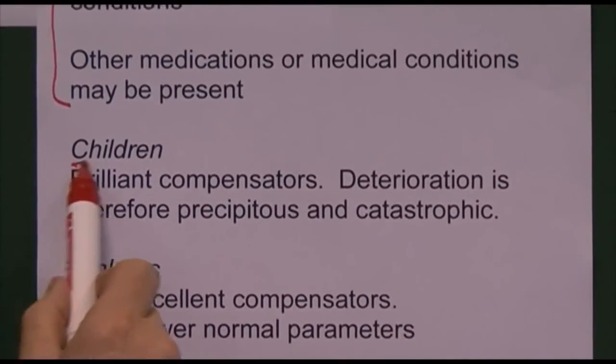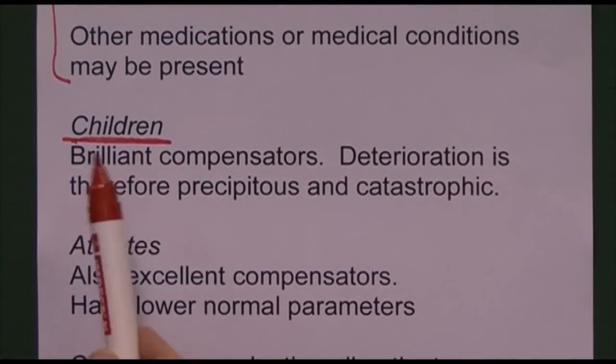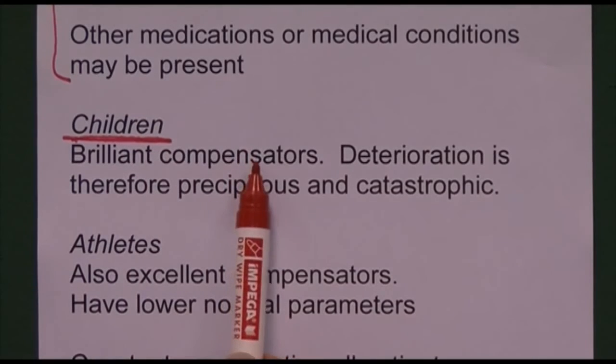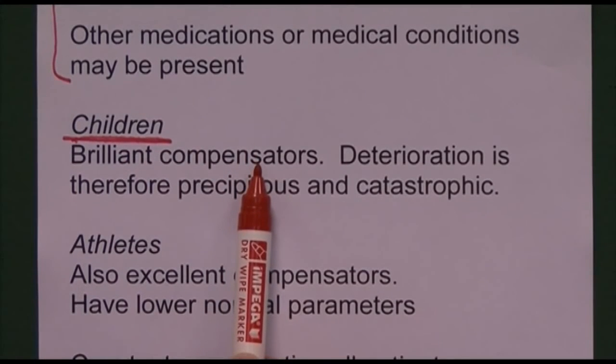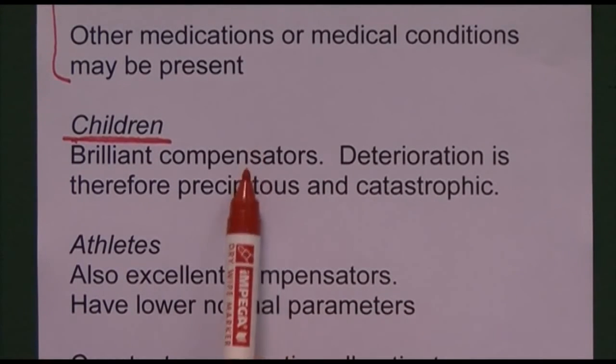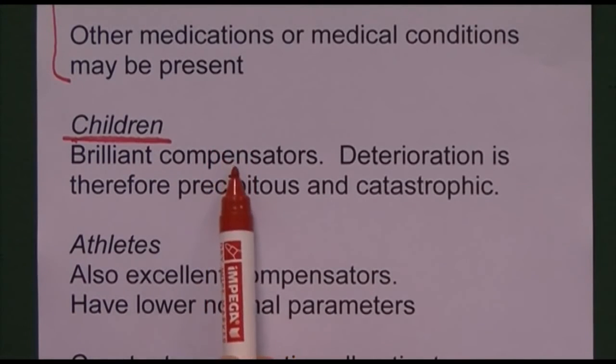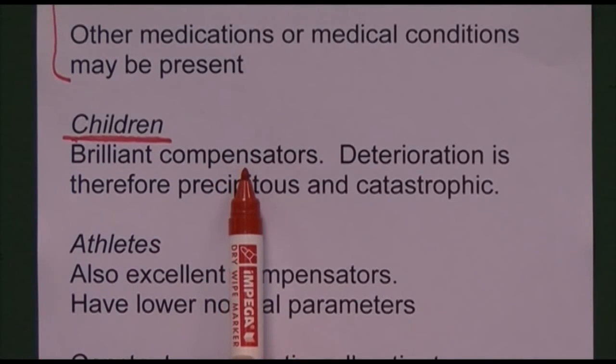Now it's important to mention in children that they are absolutely brilliant compensators. Children can lose a lot of blood but still maintain their blood pressure for a long period of time. They can compensate exquisitely well, but then children decompensate very quickly and can crash out very quickly.